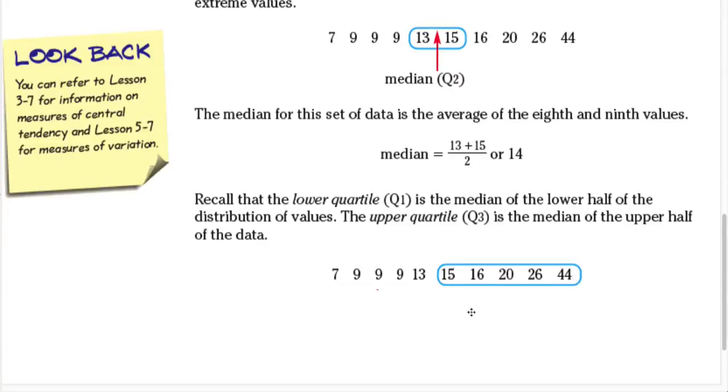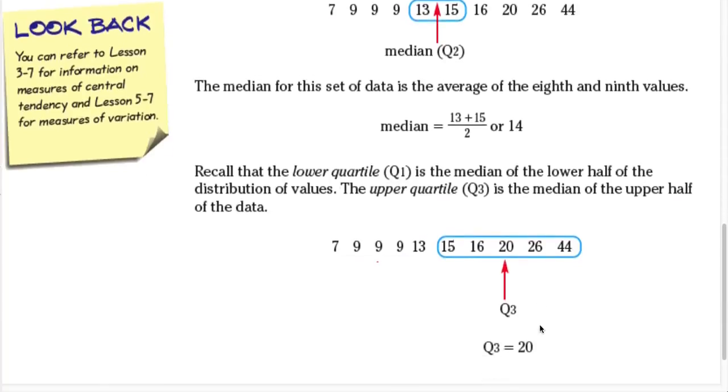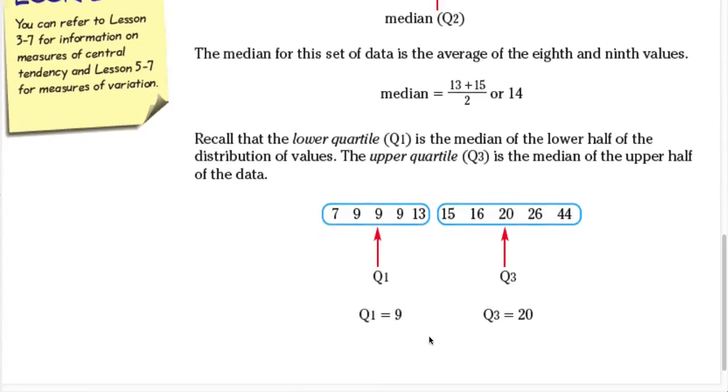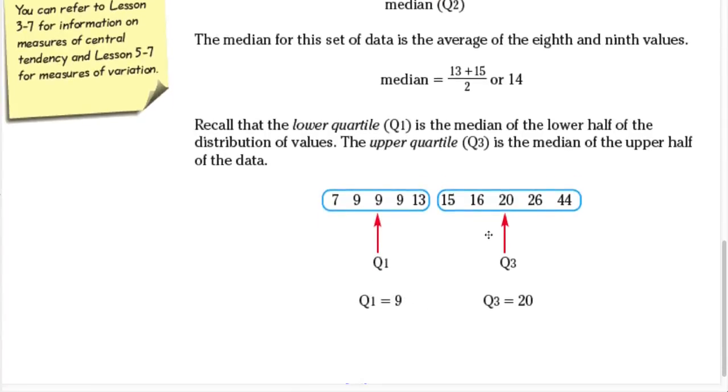The median for the upper half is 20, and that is our Q3 or upper quartile. For our lower half from 13 to 7, the median is our Q1 or lower quartile, which is equal to 9.